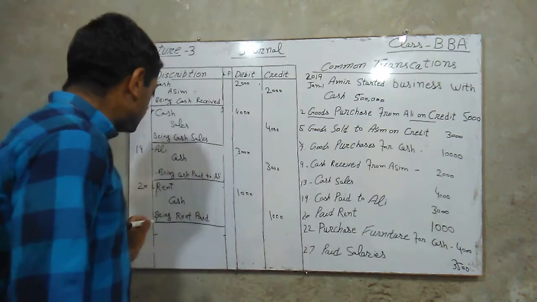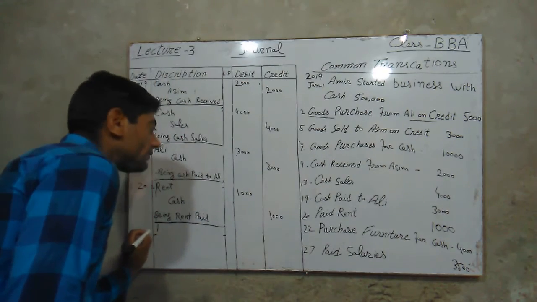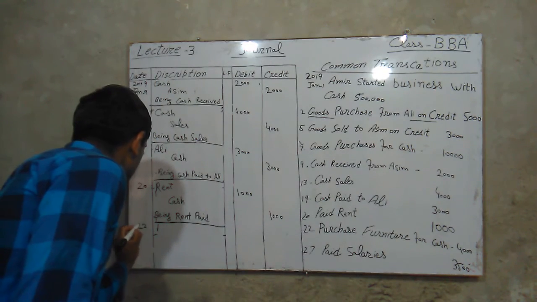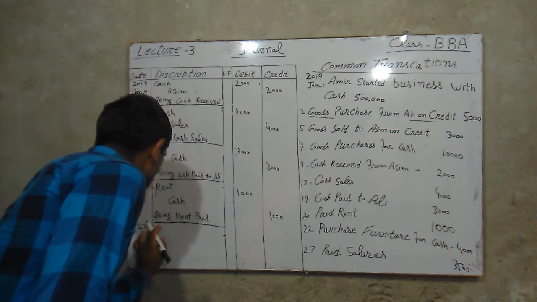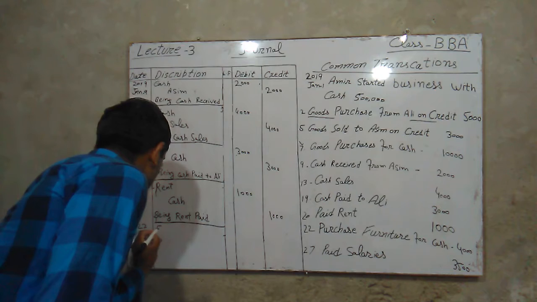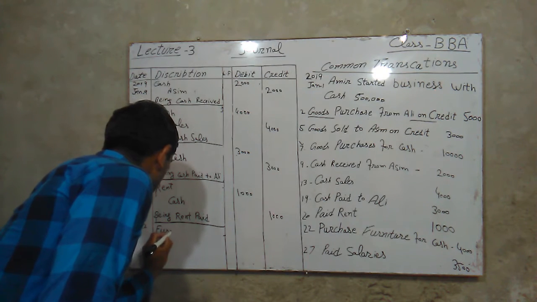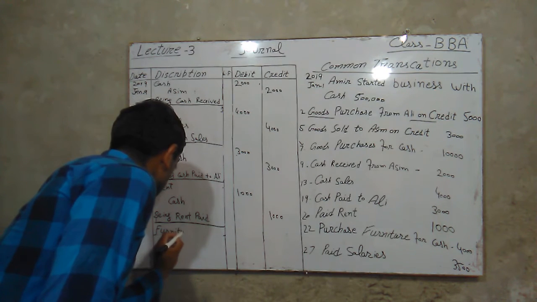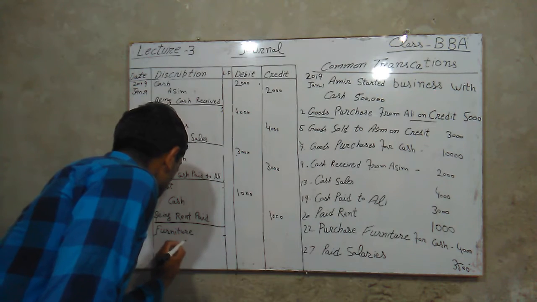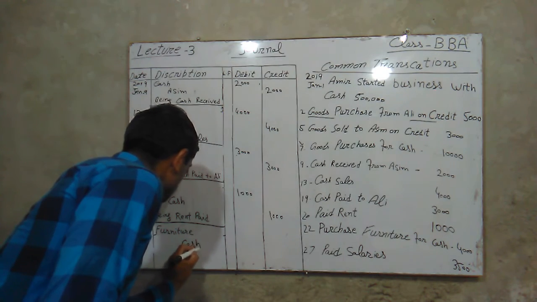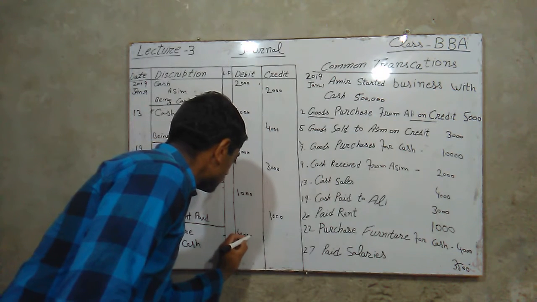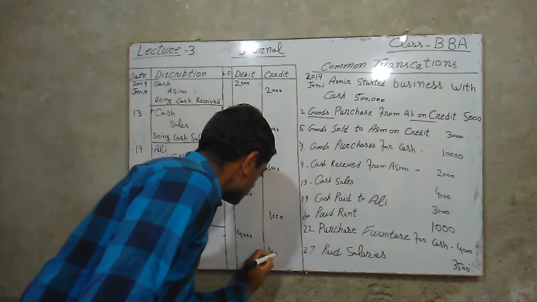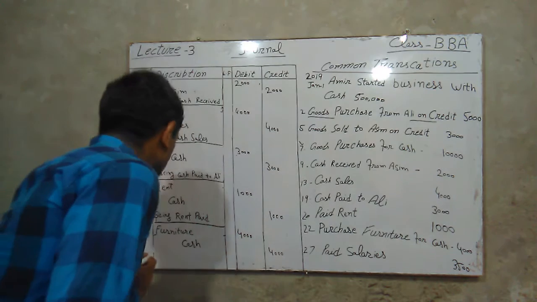Furniture debit, cash credit with the amount of 4,000.